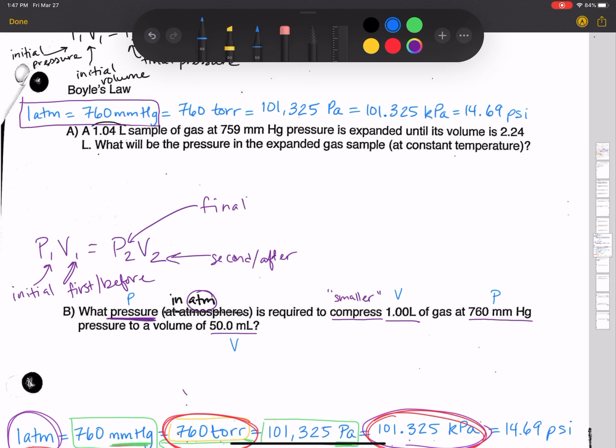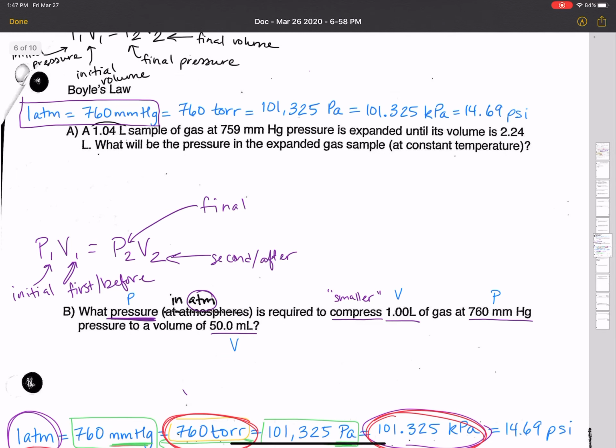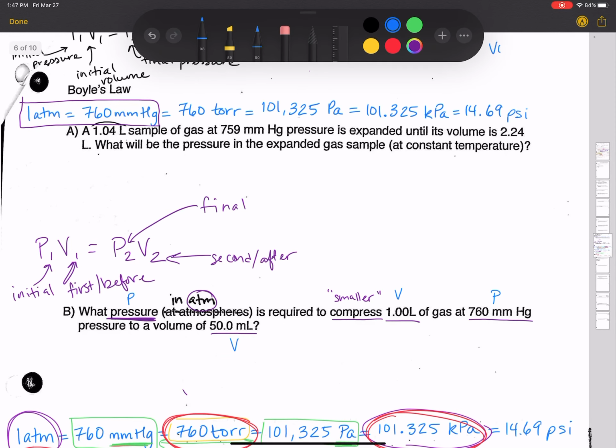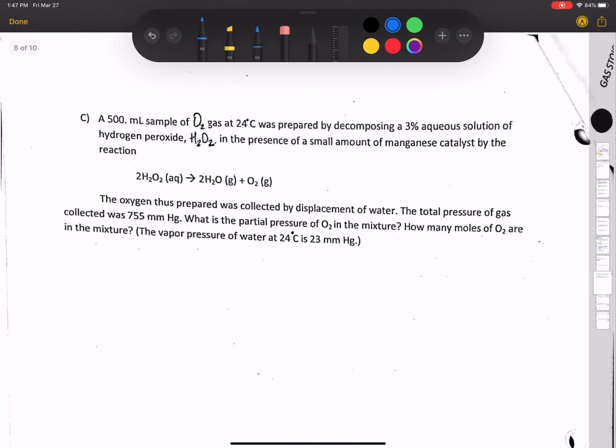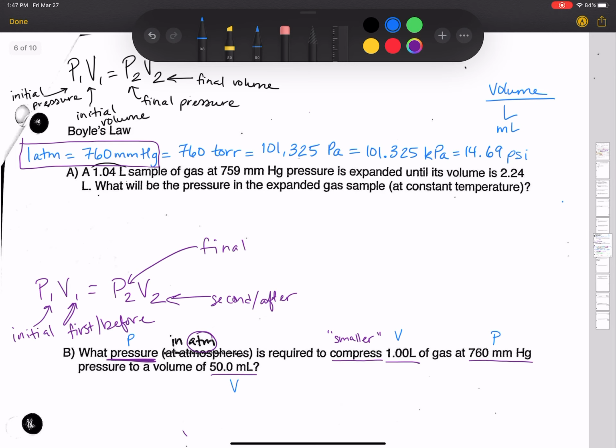If the volume units are going to bother you, make yourself a note that your volume units are always going to be either liters or milliliters. It would be very rare to see another volume unit. The only one that might come across is the unit of centimeter cubed.